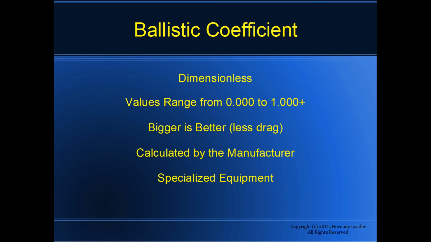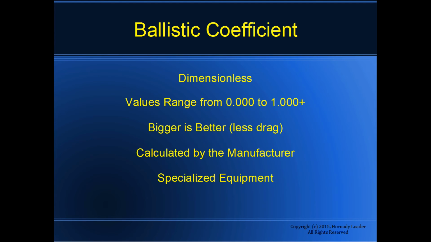So it's kind of hard to compare bullet A from manufacturer ABC with bullet B from manufacturer XYZ, because those two manufacturers may have calculated that ballistic coefficient differently. So you can use it as a comparison to a degree, but it's a better comparison among bullets from the same manufacturer than it is from bullets from different manufacturers.